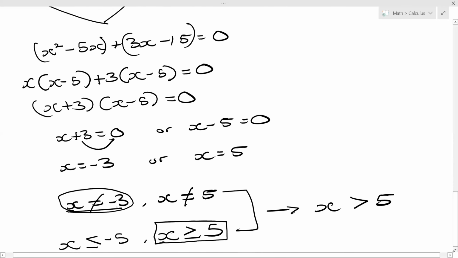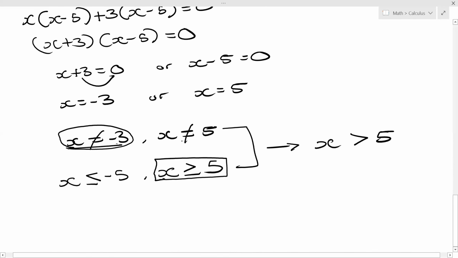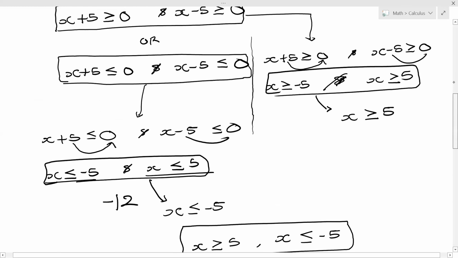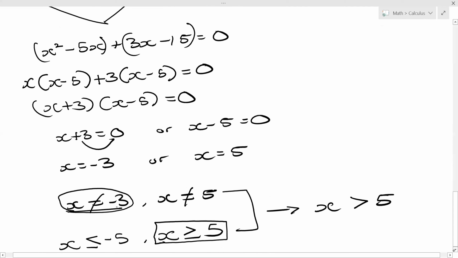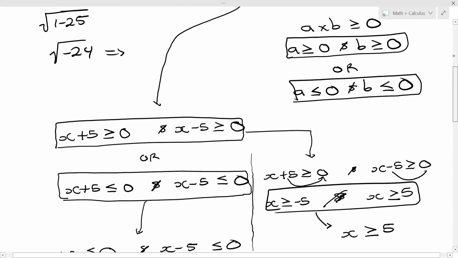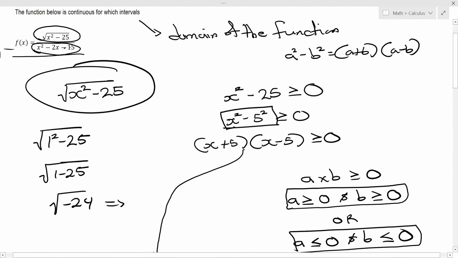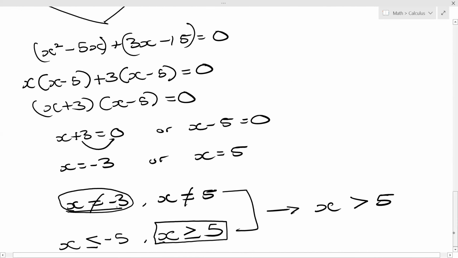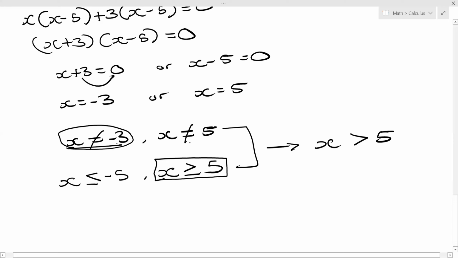If we combine these two, it means that x has to be greater than 5. It cannot be 5, because if it's greater than or equal to 5, yes, it satisfies the top function. But when we consider the bottom function, the denominator here, once x is 5, this becomes undefined. So we have to take away the equal to part, and we're left with x is greater than 5.